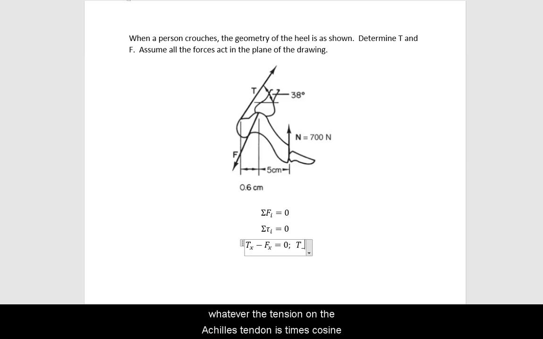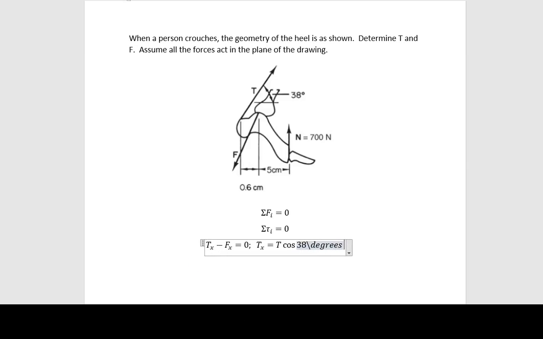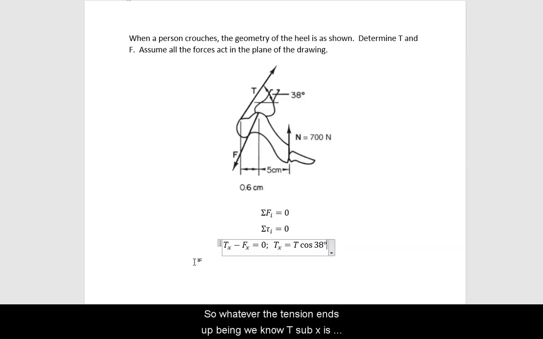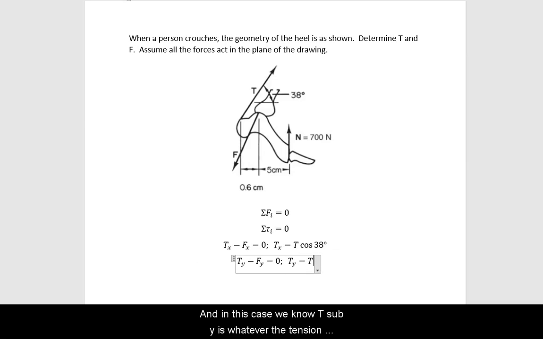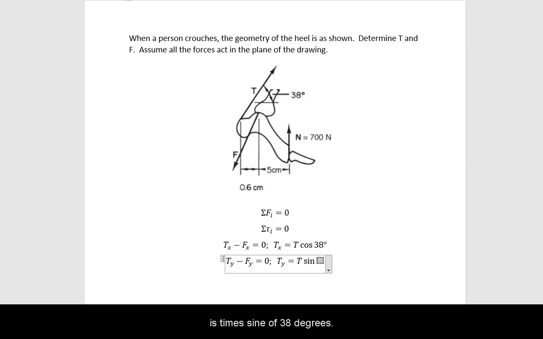And we know T sub x is whatever the tension on the Achilles tendon is times the cosine of 38 degrees. In the vertical direction, T sub y minus F sub y also has to be zero, and T sub y is whatever the tension is times the sine of 38 degrees.